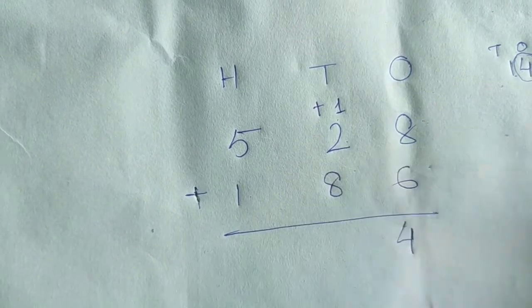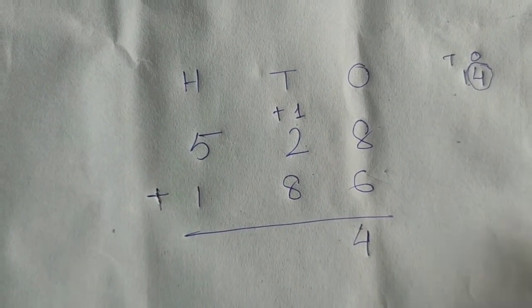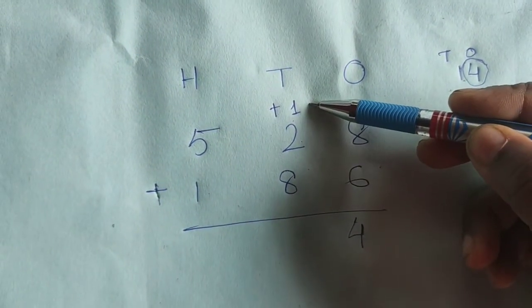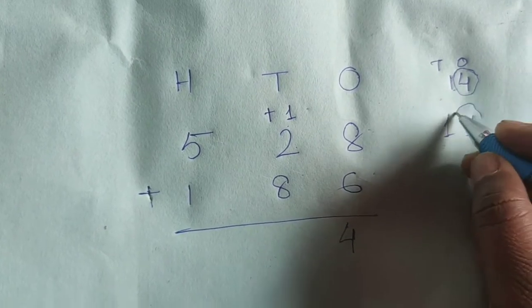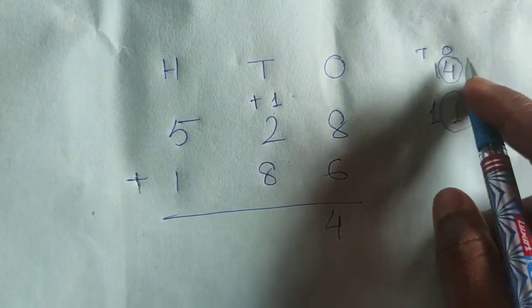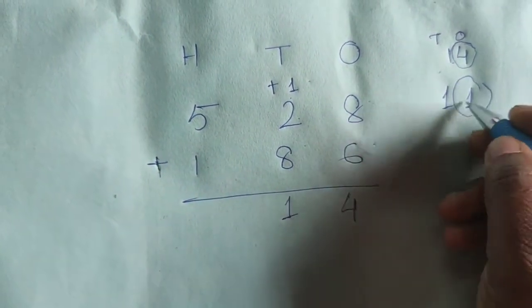Now 8 plus 2, count on your fingers, how much? Yes, 10. 10 plus 1, how much? 11. So from this 11, what will we do? We will write this 1 that is in ones place here, and we will carry forward the number in tens place.